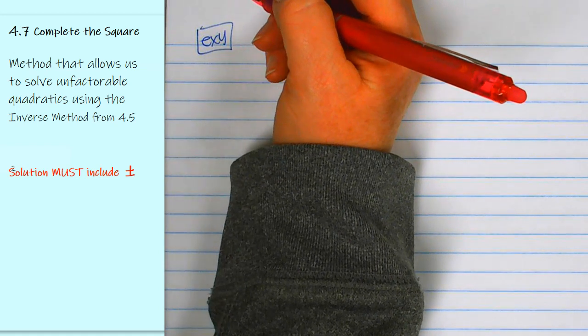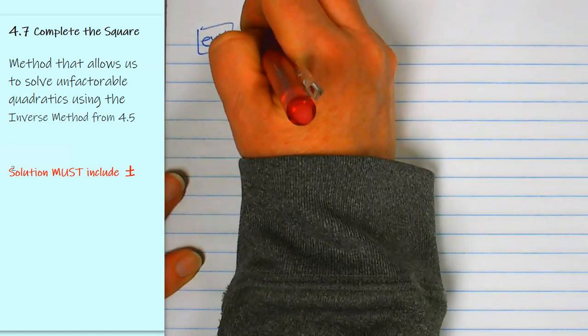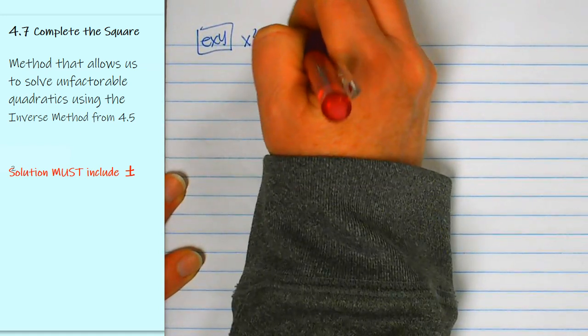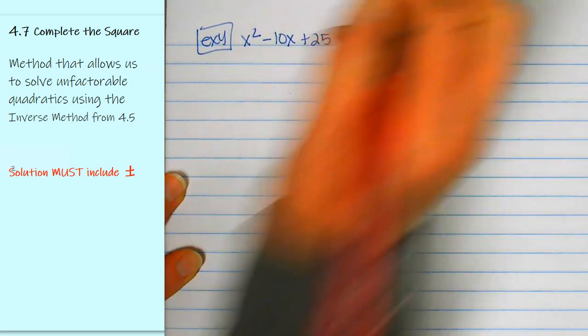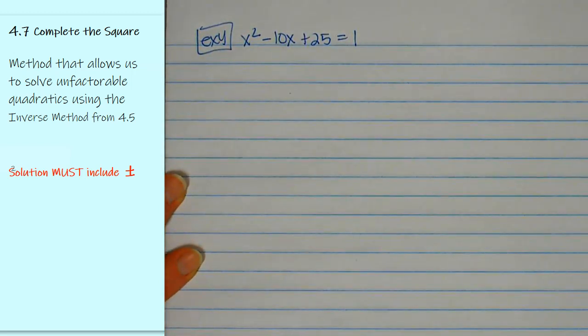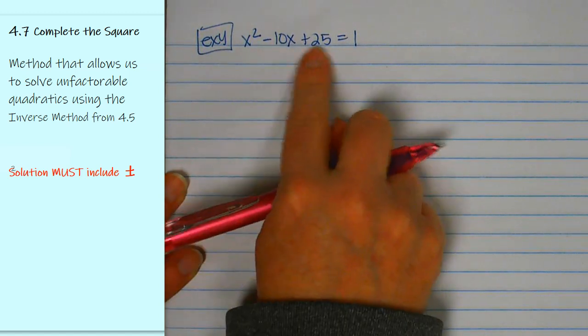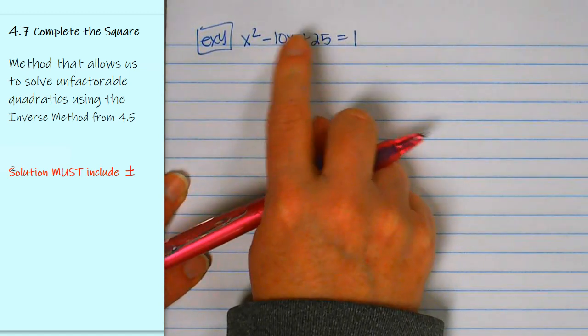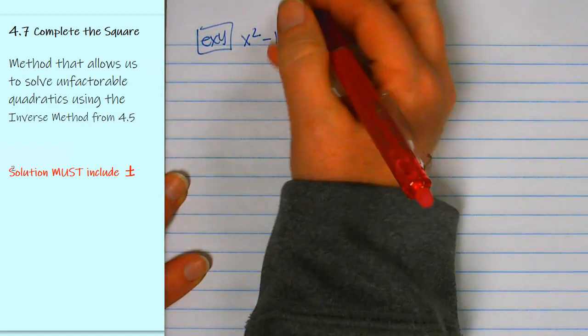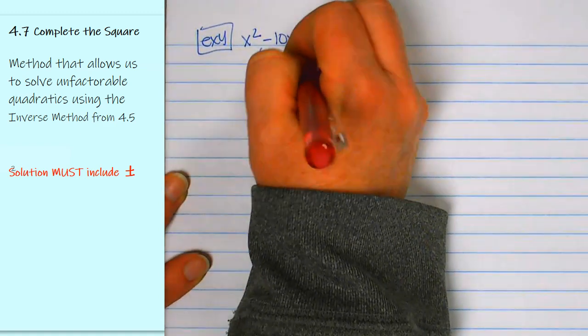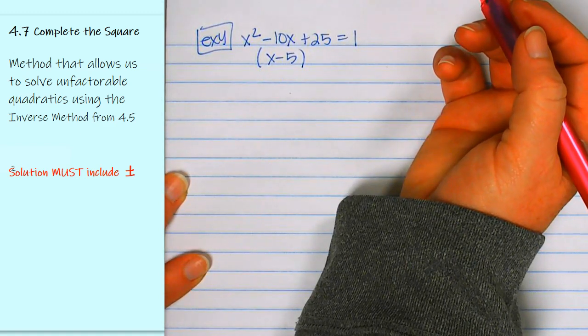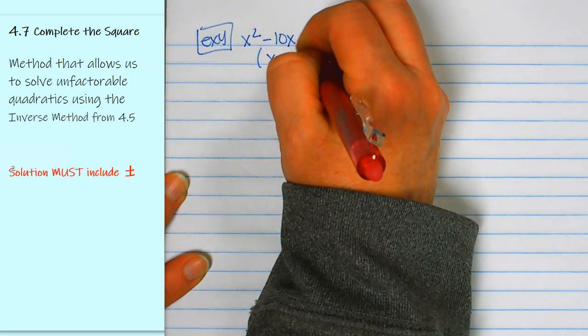Example 4 says x squared minus 10x plus 25 equals 1. This one's almost ready to go. This is a perfect square trinomial already. My b term is negative 10. Half of that is negative 5. So negative 10 divided by 2 is negative 5, squared.